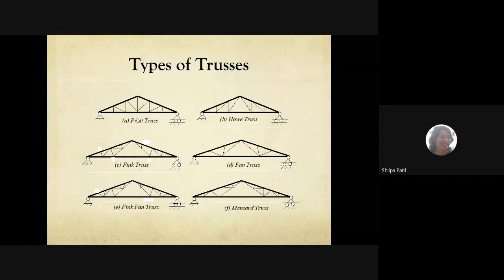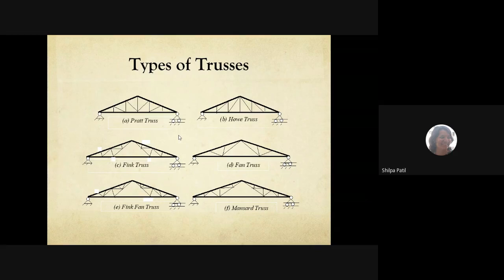Now vertical members are almost always subjected to compressive action, so these are also called strut. So strut is a member which is always carrying axial compression, a compressive force. The member which always carries axial tension is called a tie.